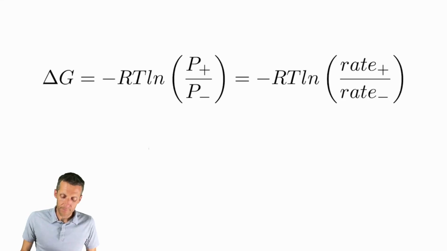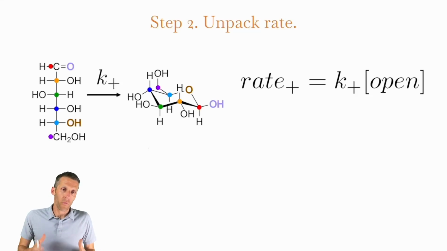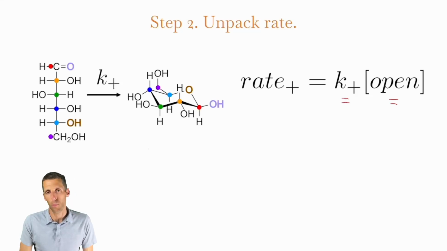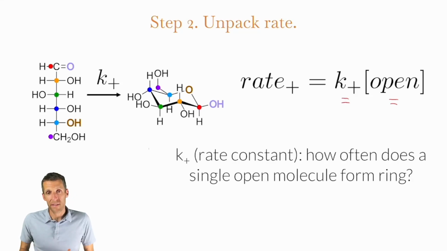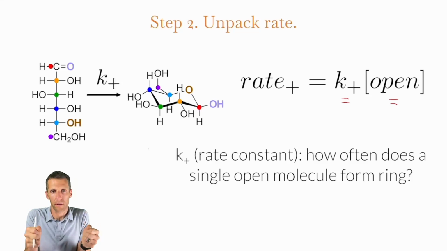Cool. Step 2, we're going to unpack that rate. And the way we're going to unpack the rate is we're going to think about it more like a chemist than maybe we've been doing to this point, which is that we have rate constants and concentrations. So we can say that the forward rate is given by K plus, the rate constant, times the concentration of open. The rate constant can be thought of as if I just look at a molecule of open, how quickly does it turn into a ring?